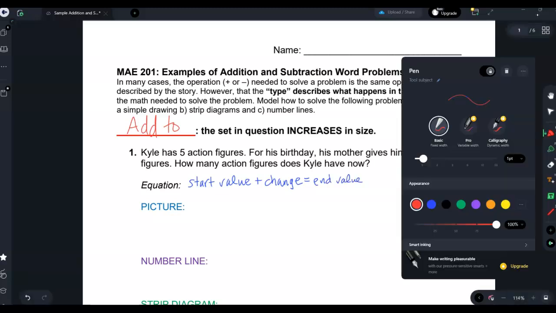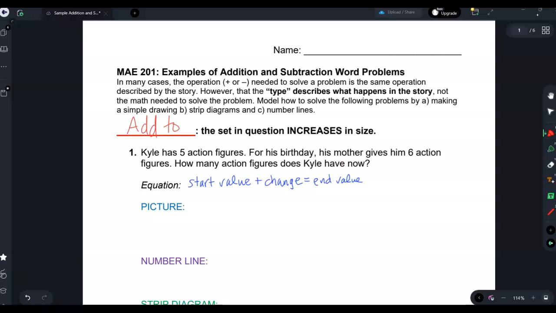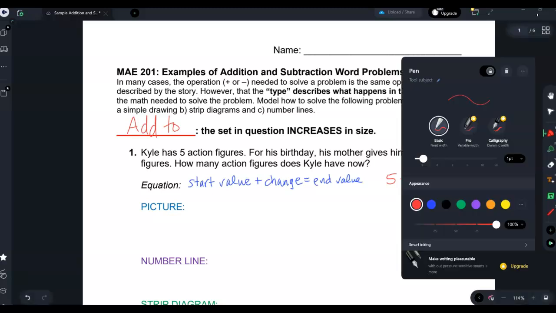So in this particular problem, the starting value was what Kyle started with, which was 5 action figures. And then we would add to that the change, which was what his mother gave him, which was 6 more action figures. And then we're trying to find what does he have now, or what is that total? So that would be our equation for this one.